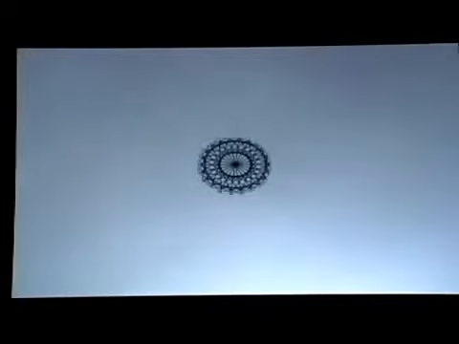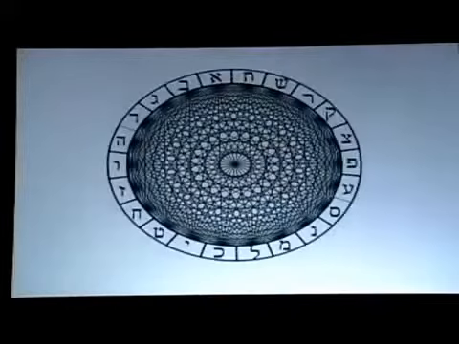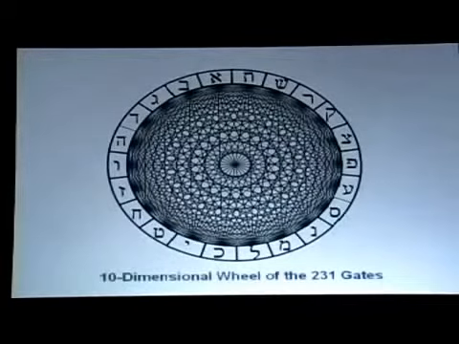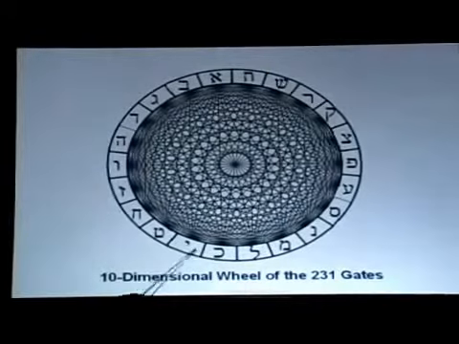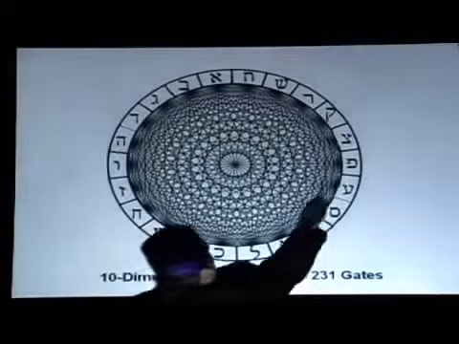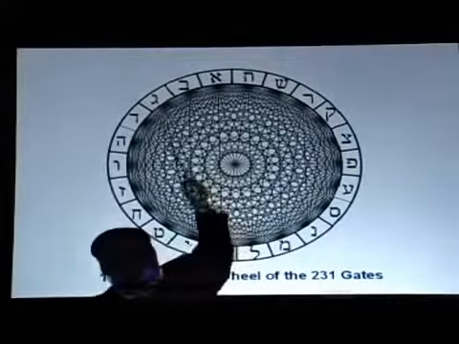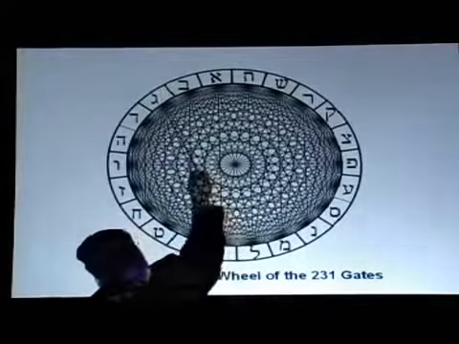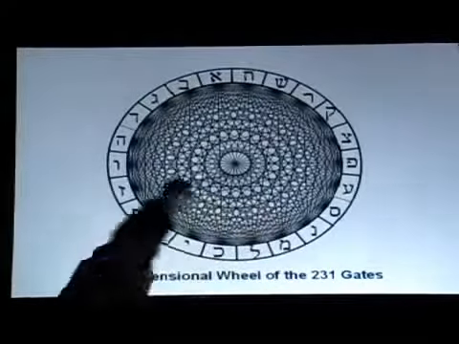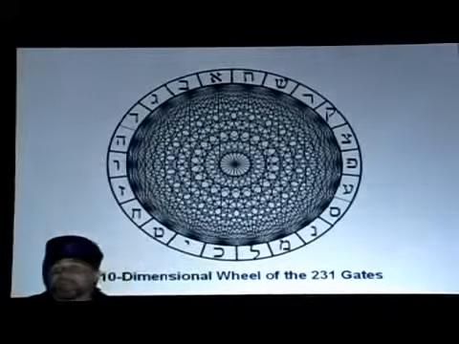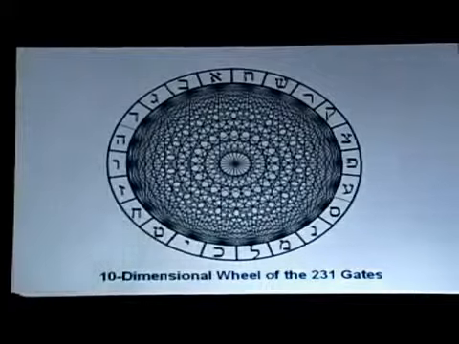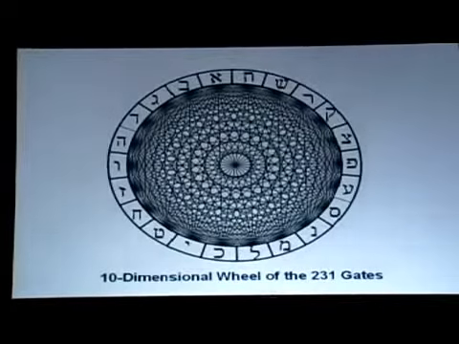Next. Here is the 231 gates by which light code transmissions take into manifestation. From this particular wheel that you see, these encoded scriptures right here, there are 231 gates connecting everything to the center. The center emanates outward and then emanates back to itself through your thinking patterns.